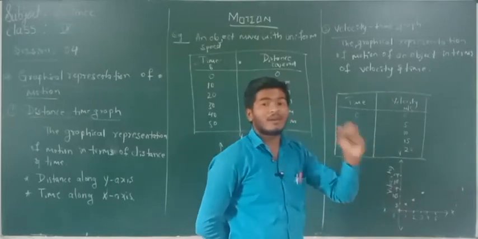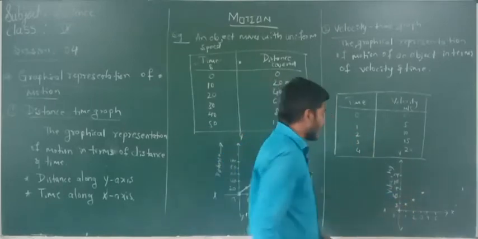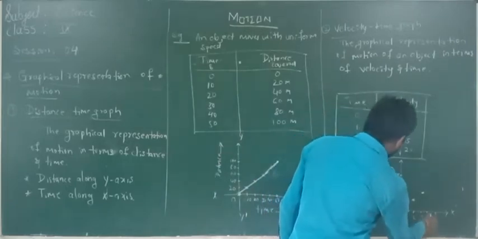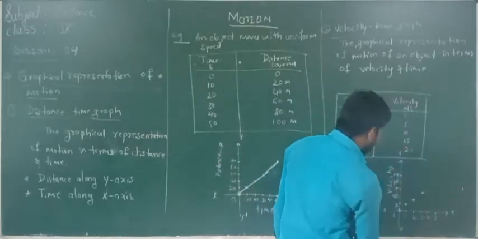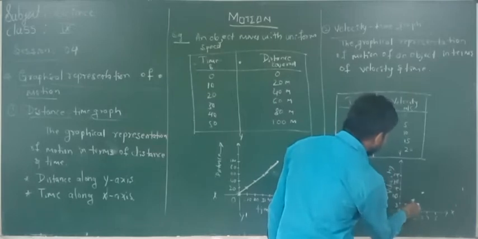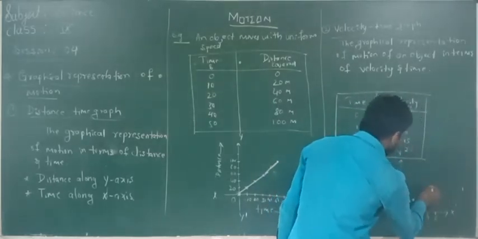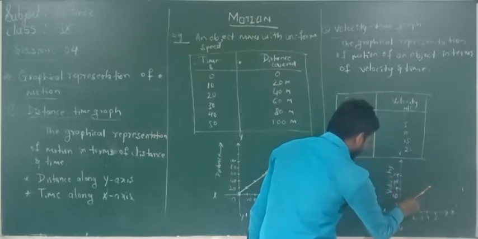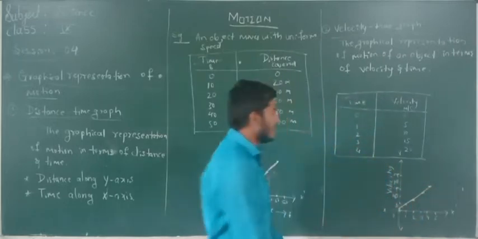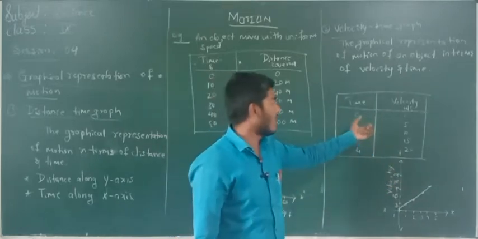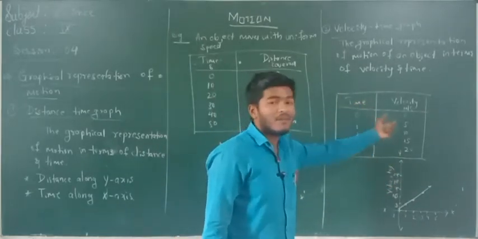We make a point at that place. Similarly, the last point: after 4 seconds it attains 20 meter per second velocity. So join all these points. This graph represents the motion of the car in terms of time and velocity.